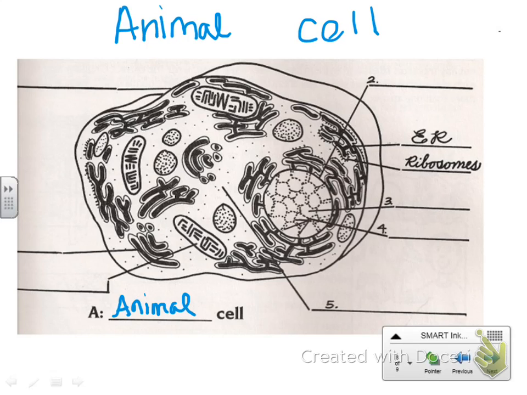This one's hard. 3 is the nucleus. Now 4 is kind of pointing to the parts within the nucleus, so what would that be? It's not the nucleolus. What's within the nucleus? What did we just talk about? Kaylee? Chromosomes. All right, and we'll pick up here tomorrow. Put that in your notes section.